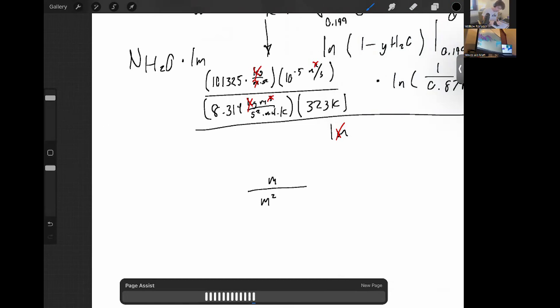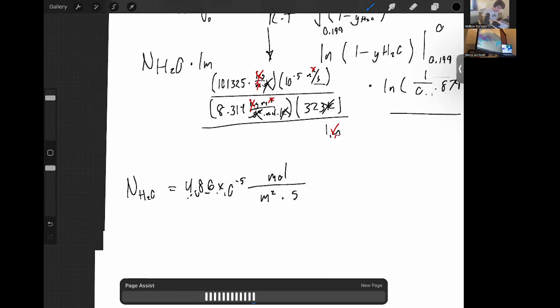We're over some moles, and then we should be over 1 second because these two should cancel out. We're left with 1 second. The kelvins cancel out, the mole goes on top. So this would be moles per meter squared second. And then the actual numbers in this case, I just calculated, should be 4.86 times 10 to the negative fifth, which equals our molar flux of water.